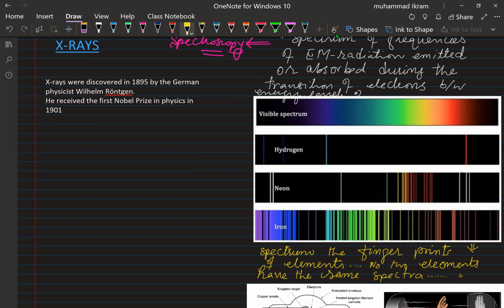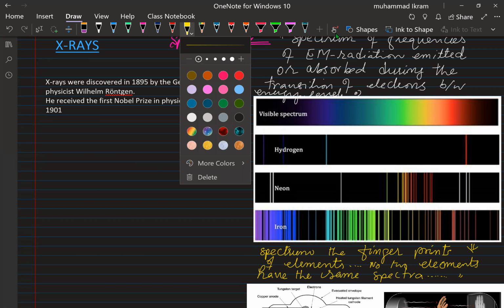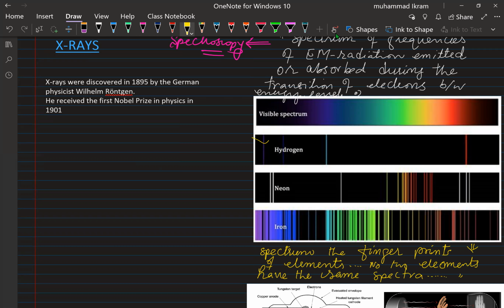Here you see the visible spectrum. Look, here you see it for the hydrogen, for the neon, and for the iron. And you see that all this is just like a barcode for an item at the grocery shop. No two items have the same barcode.